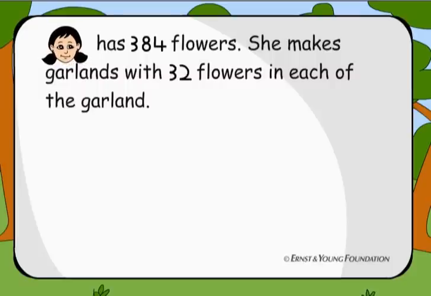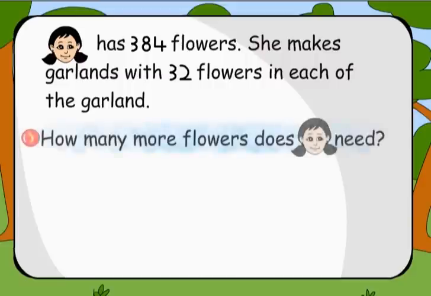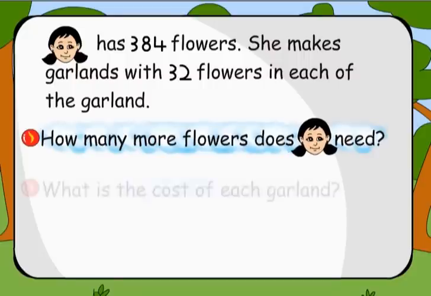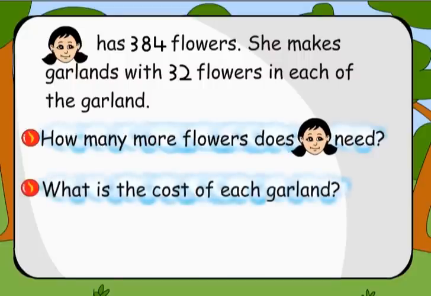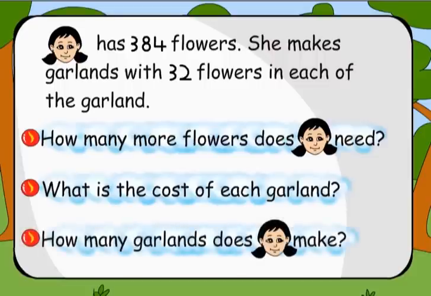Reema has 384 flowers. She makes garlands with 32 flowers in each of the garland. How many more flowers does Reema need? Or what is the cost of each garland? Or how many garlands does Reema make?